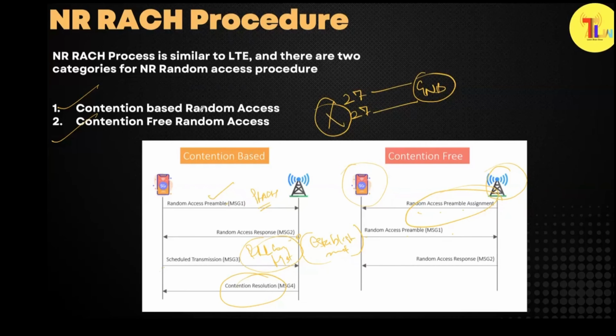So this is your CBRA, contention based random access procedure. And this is your contention free. I'll get an individual preamble assignment, so there is no reason to have contention there.